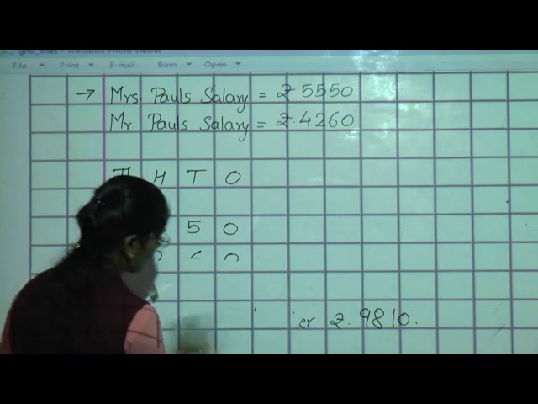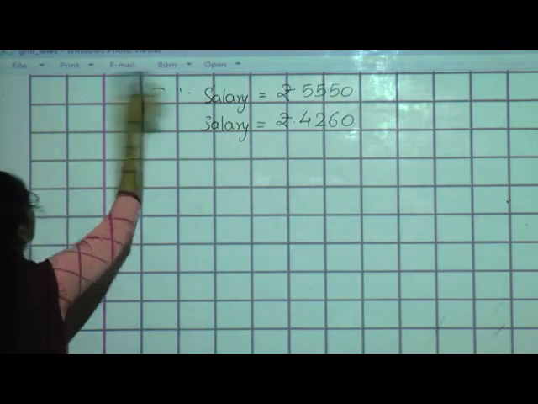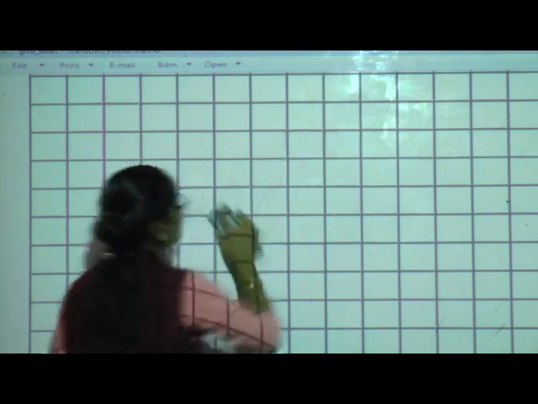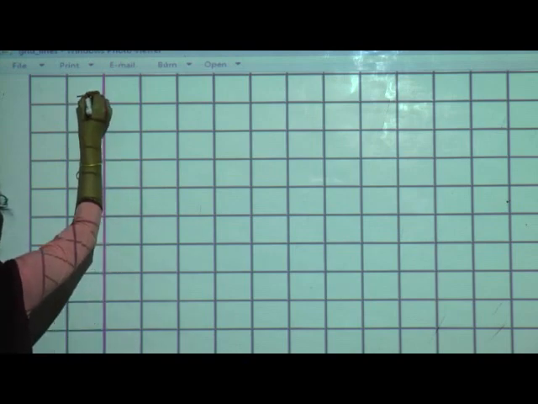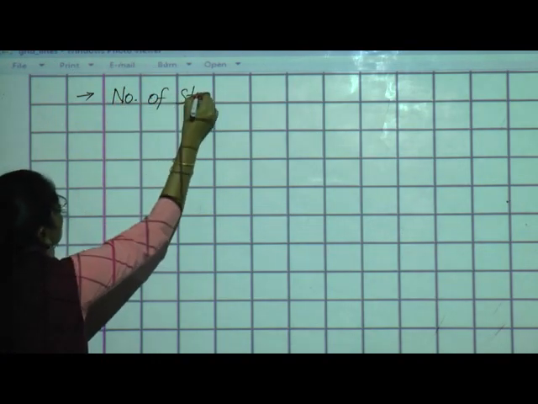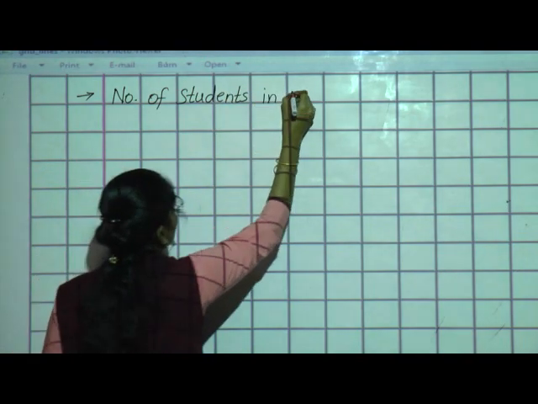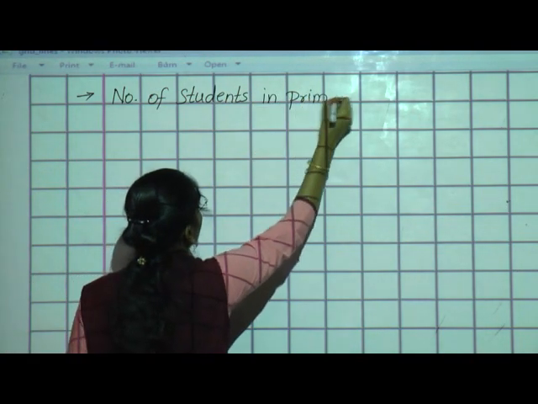Read the 10th question in your mind. What is the question? Last is, in a school there are 1640 students in the primary section.